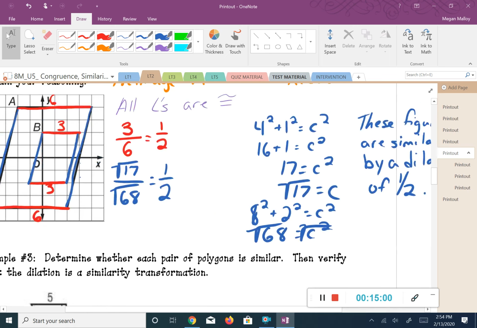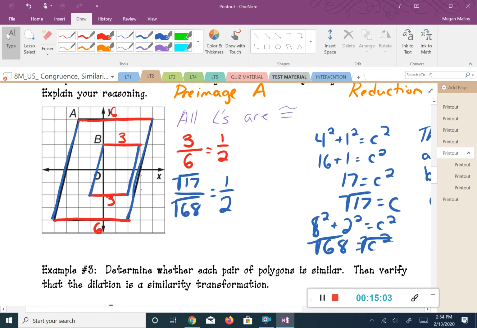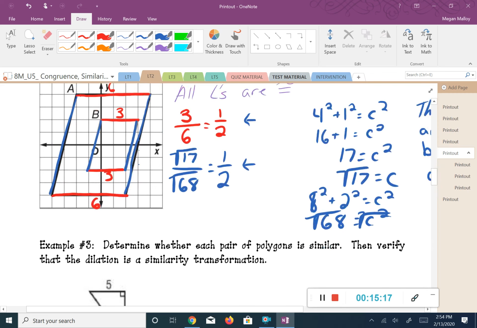Now, if we had started this problem and I had said that the pre-image was B, our ratios would be opposite, and so you would say those figures would be dilated by a scale factor of 2. You would just reverse the order of your ratio.